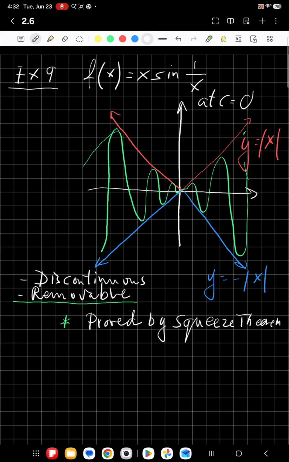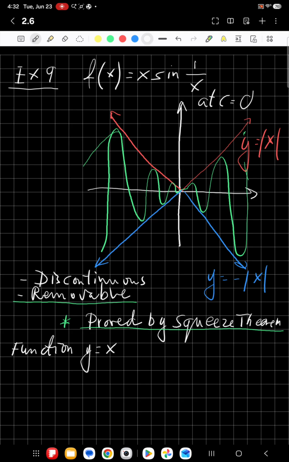Let me actually write it. That's not this theorem, but it's just a conclusion for it.